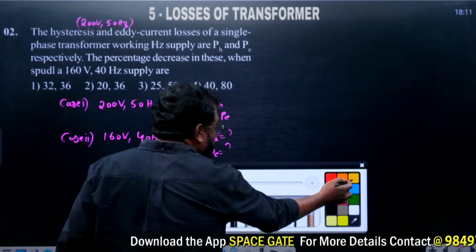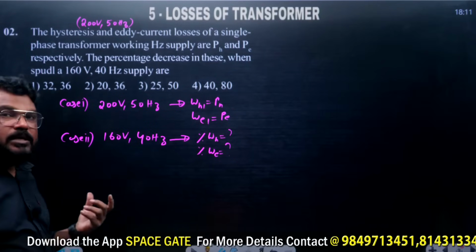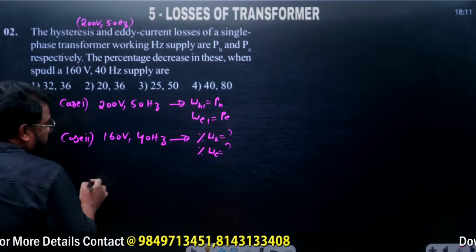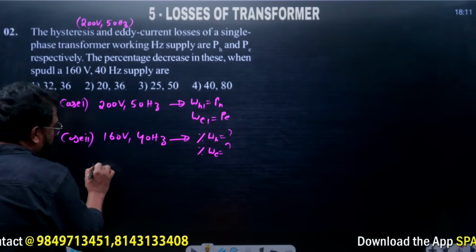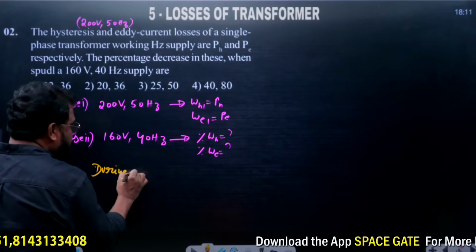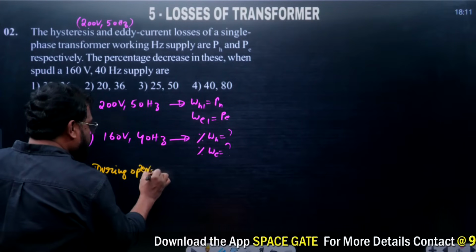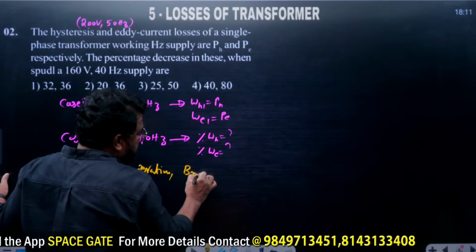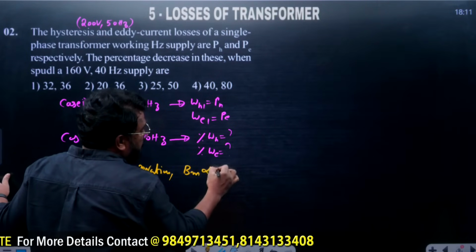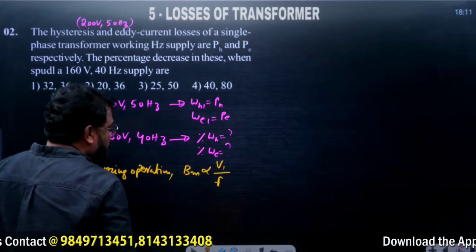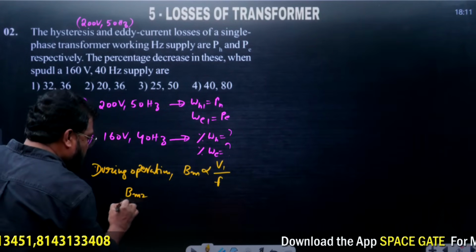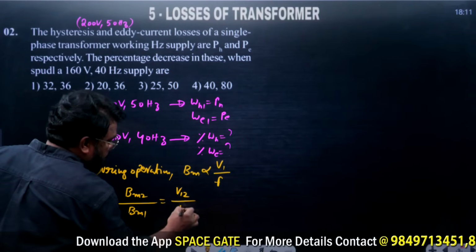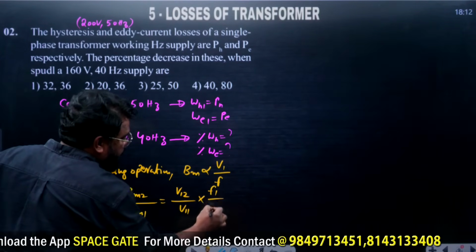Now to answer this question, first verify the flux density, whether it is constant or not. We know that during operation of the transformer, flux density is directly proportional to the V1 by F ratio. So you can write B maximum 2 divided by B maximum 1 is equal to V12 by V11 multiplied by F1 by F2.